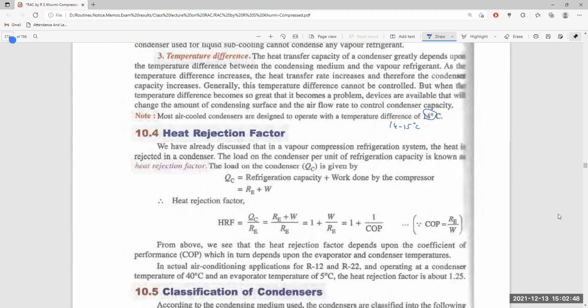Next comes the heat rejection factor, the factor affecting the rejection of heat. In a vapor compression refrigeration system, the heat is rejected in a condenser.